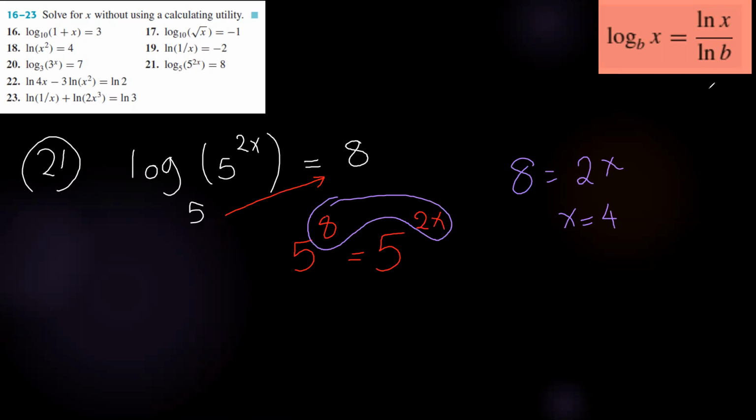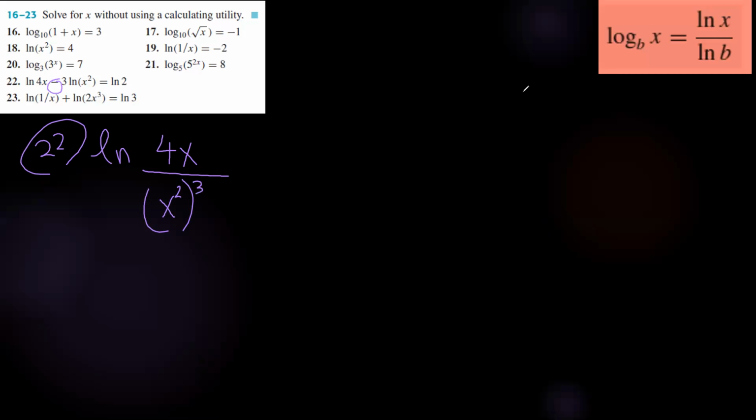Now let's solve number 22. ln of 4x minus 3 ln of x squared equals ln 2. So here we have ln. Since we have a minus sign, it is 4x divided by x squared to the power 3.